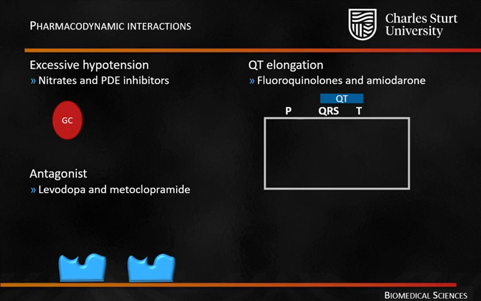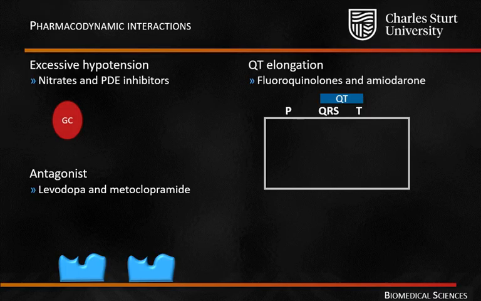So let's have a look at a few different types of drug interactions which are pharmacodynamic in nature. The first one on the list here is excessive hypotension that occurs when you mix nitrates and phosphodiesterase inhibitors.